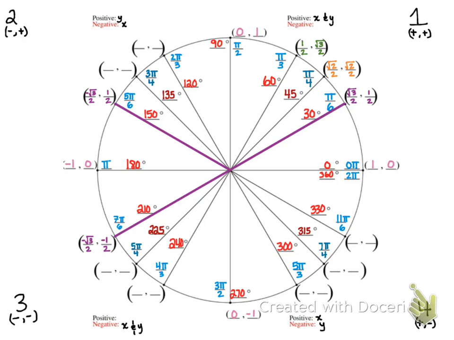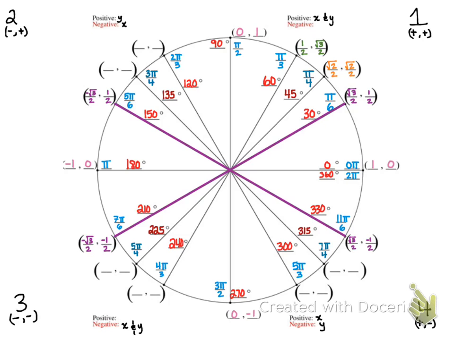And the final reflection for this angle is 2 pi, or 11 pi over 6. So again, we have positive root 3 over 2, but we have a negative y value of negative 1/2. So there's the symmetry that we've talked about before with the unit circle. Okay, so let's continue this and fill the rest of our circle out.